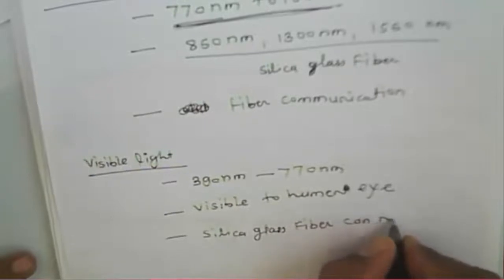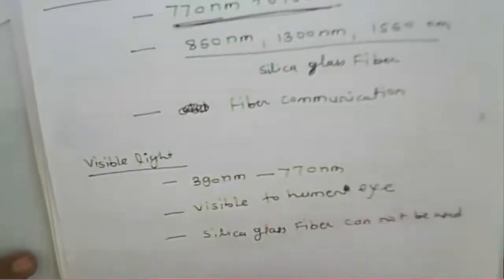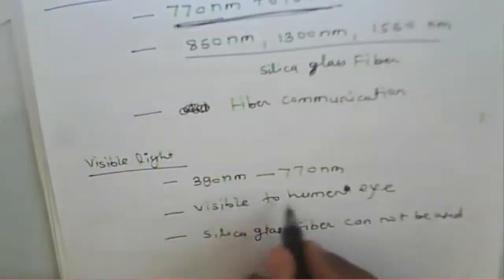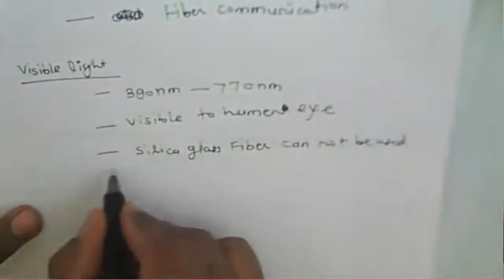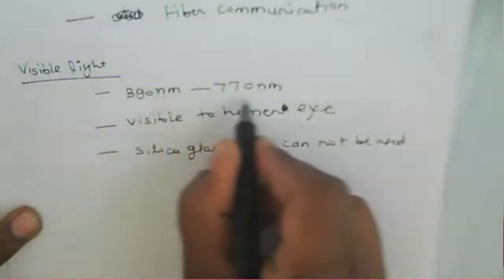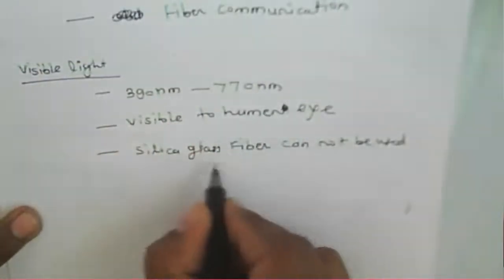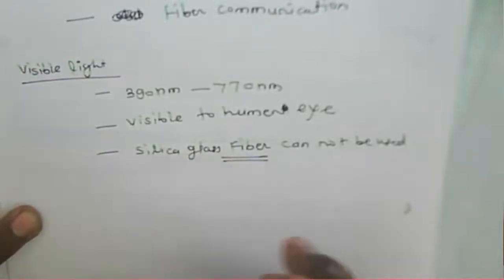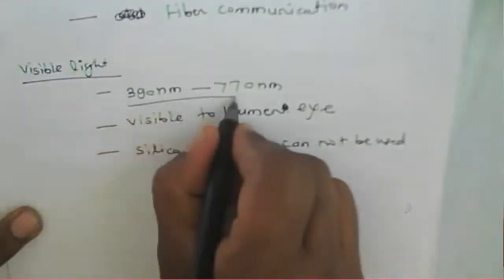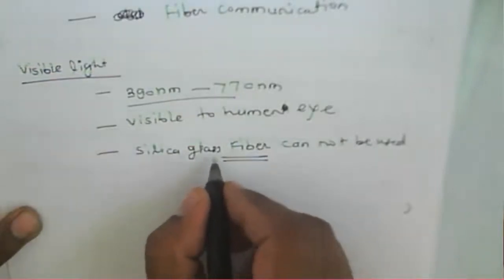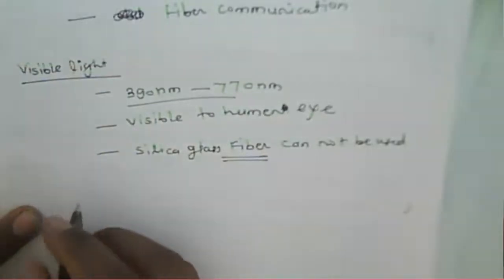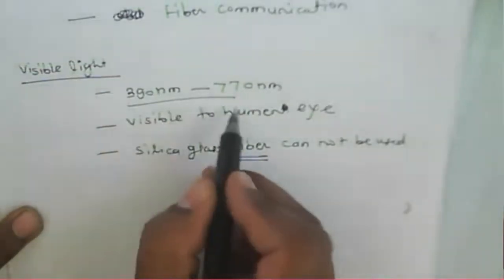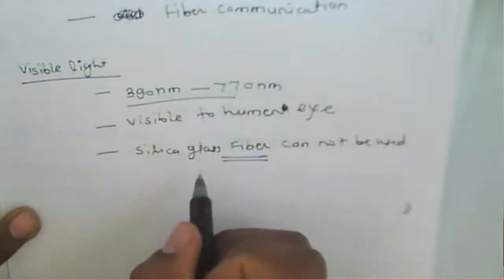But we could not use silica glass fiber. Silica glass fiber cannot be used in this band of frequency. This visible light is not good for transmitting the signal through silica glass fiber, so this band will not be supported by this fiber.